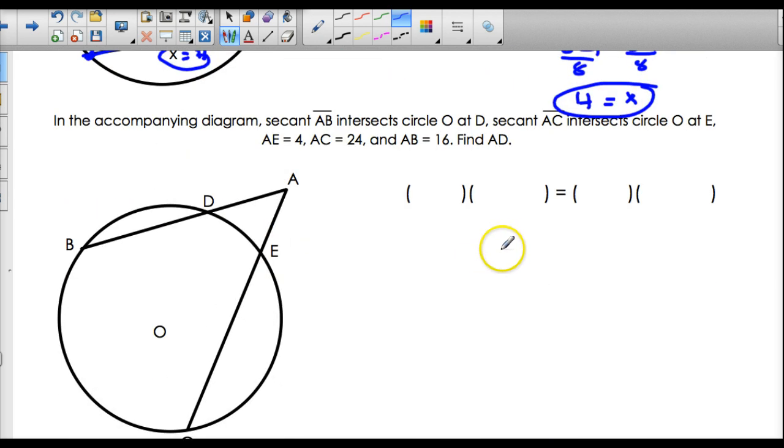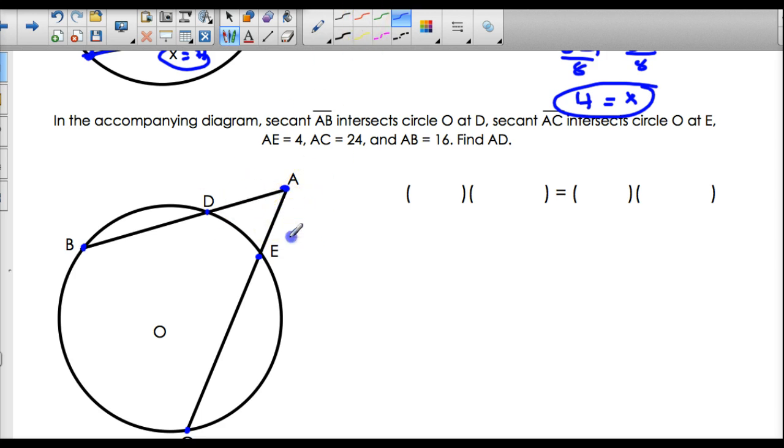So let's try this slightly harder one. In the diagram, secant AB, and this is a secant because one point's on the outside, one's on the circumference, I'm going to say it till I'm blue in the face, intersects circle O at D, and secant AC, which is over here, intersects circle O at E. So we have our circle all queued up.